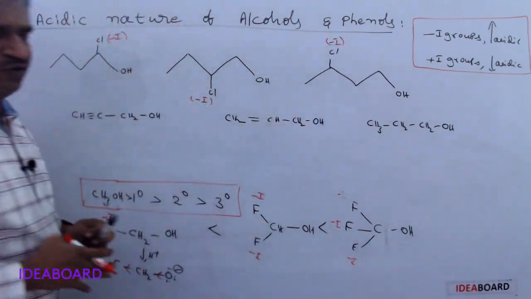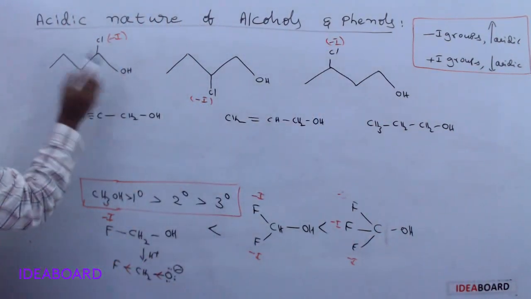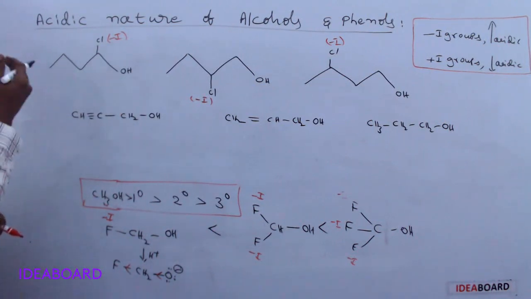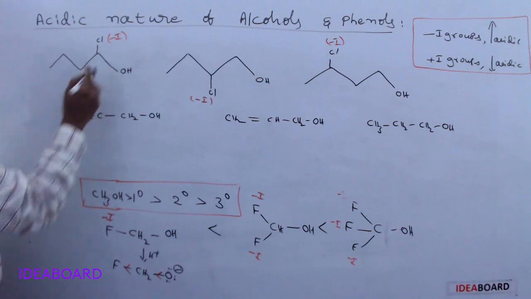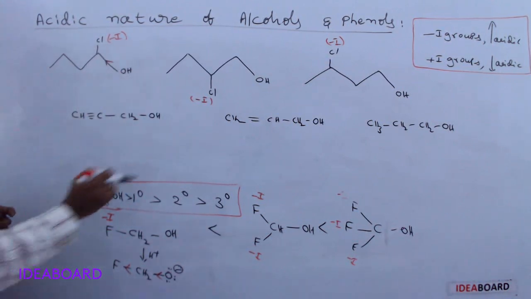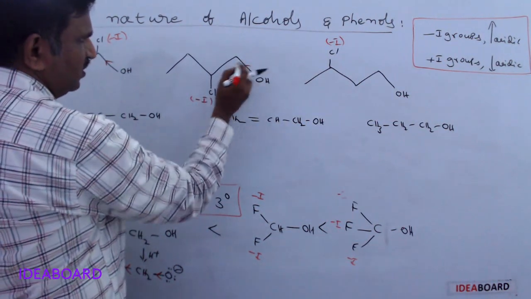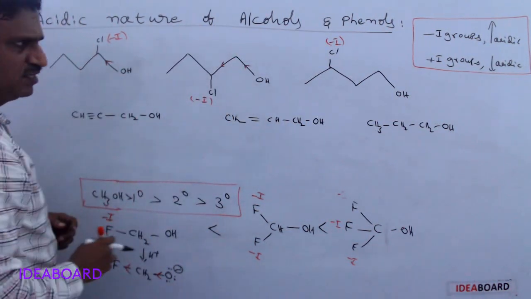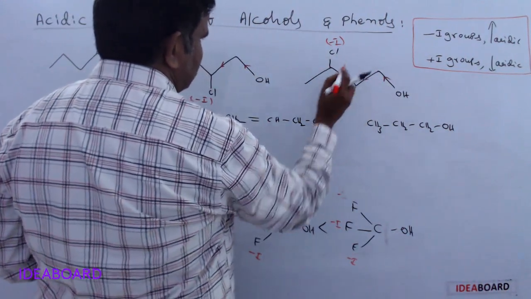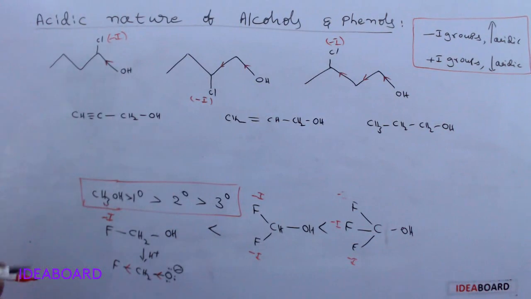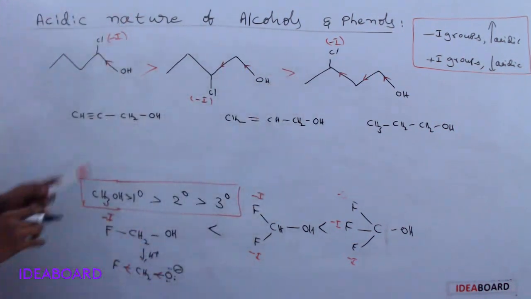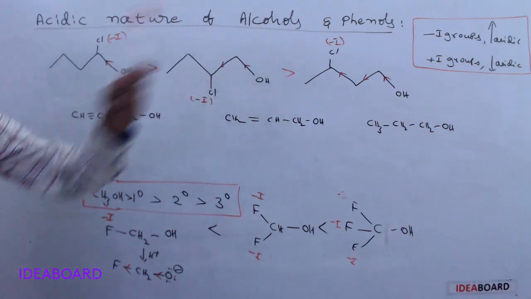Whenever the minus I group is near the OH, what happens? It withdraws the electrons powerfully, so the acidic nature is more because of the minus I group. In the second, the electron withdrawing is there but comparatively less. In the third, the electron withdrawing is very little because the minus I group is far away. So the first is more acidic than the second, and the second is more acidic than the third.